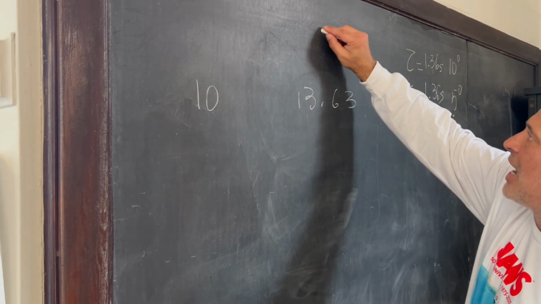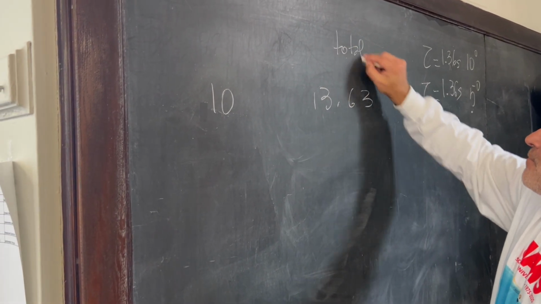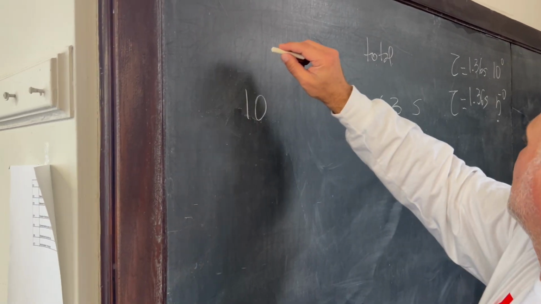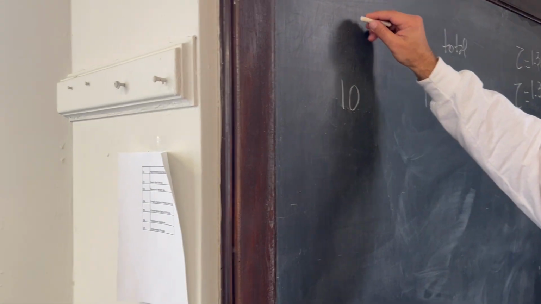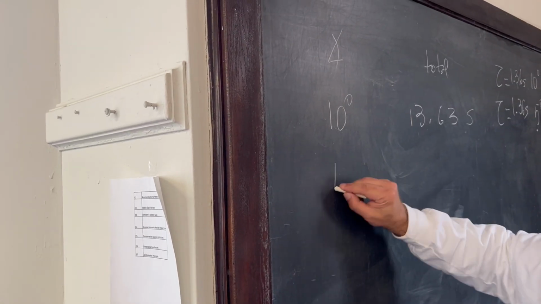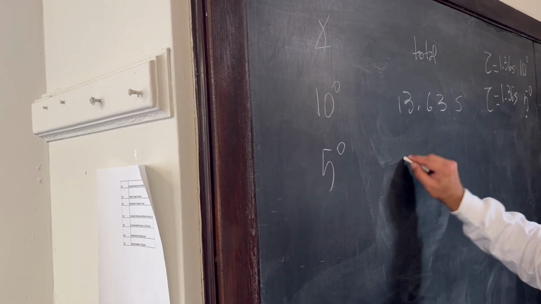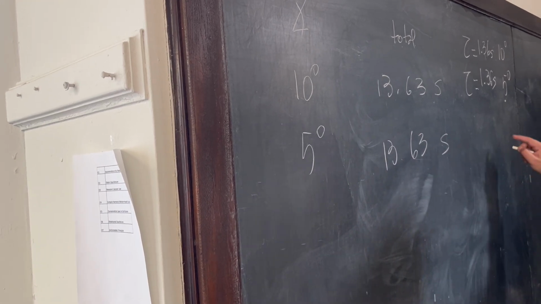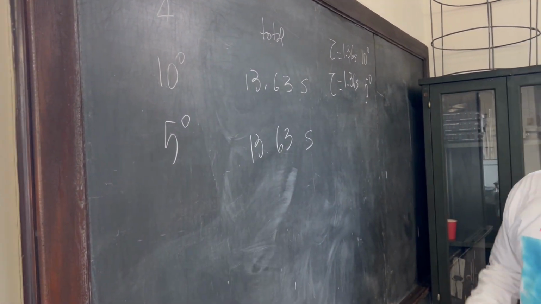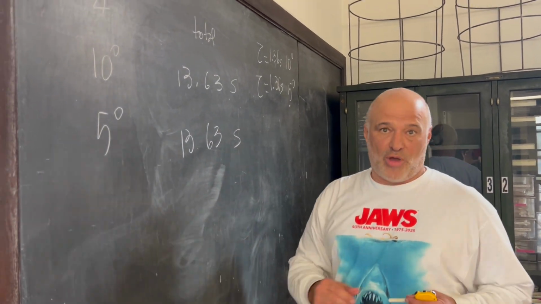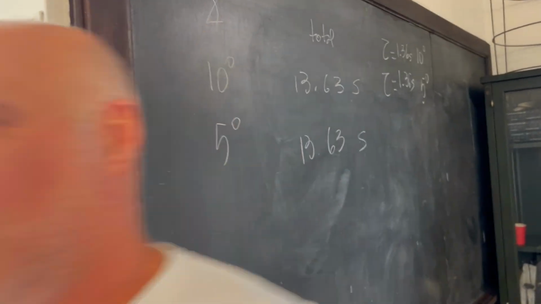This is the total time, and it was 13.63, and this was the angular aperture, that was 10 degrees, and for 5 degrees we got exactly the same result. This means that there is no influence of the amplitude on the oscillation period.